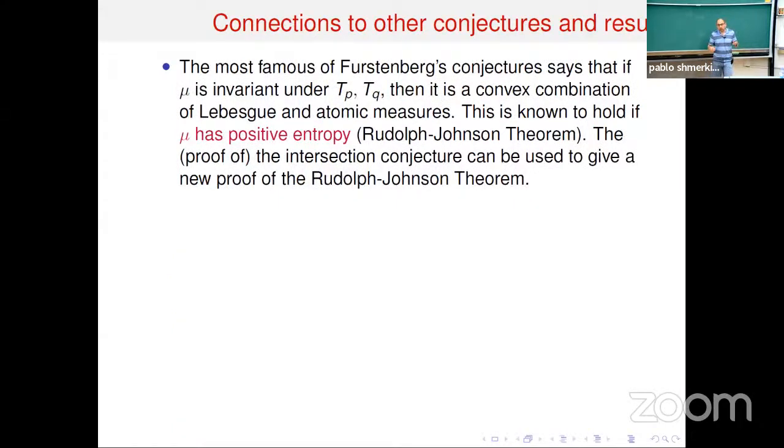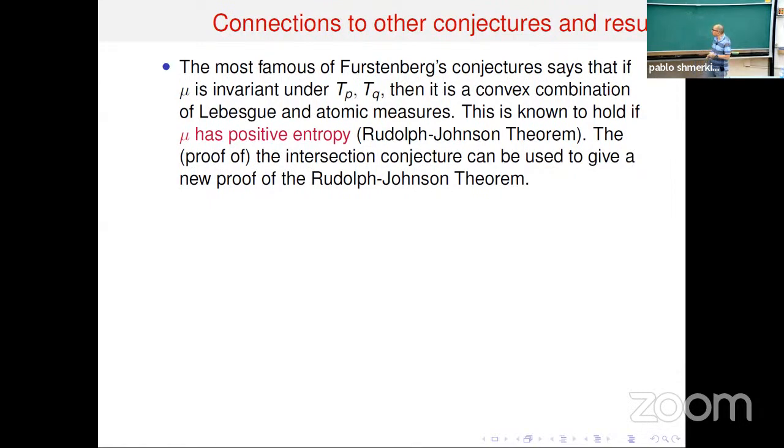Of course, for those of you who know, if you just talk of the Furstenberg conjecture or the times 2 times 3 conjecture, it refers to this conjecture, which is the measure version of Furstenberg's theorem that I mentioned on the first slide. It says that the only Borel probability measures invariant under times 2 and times 3 are the obvious ones, which are Lebesgue measure, Haar measure on the circle, measures supported on finite orbits, and convex combinations of them.